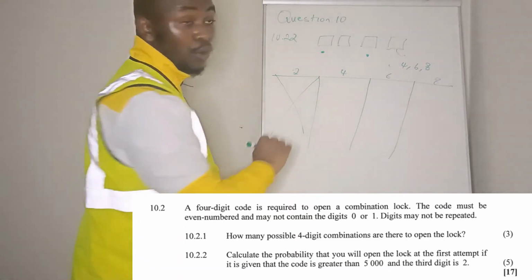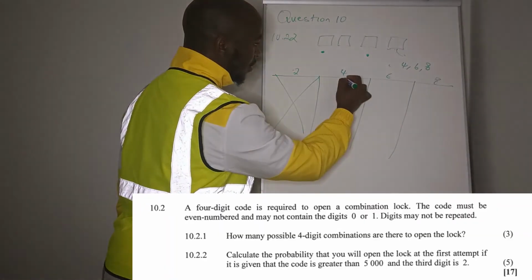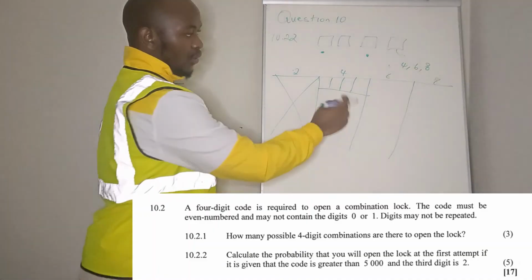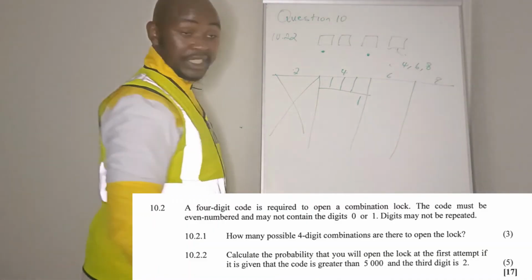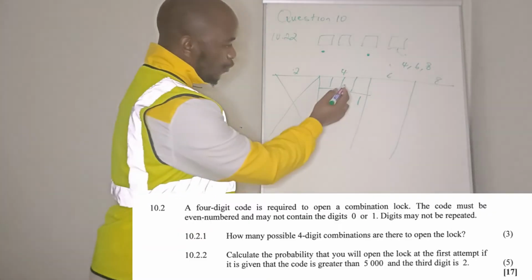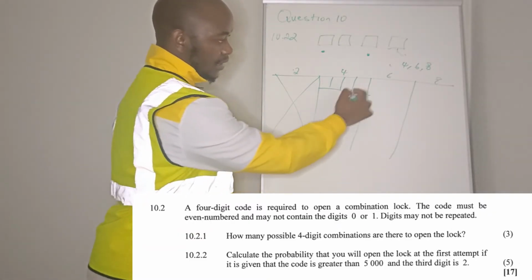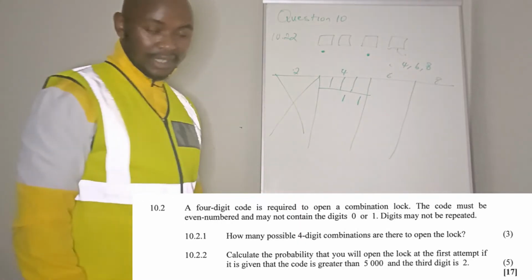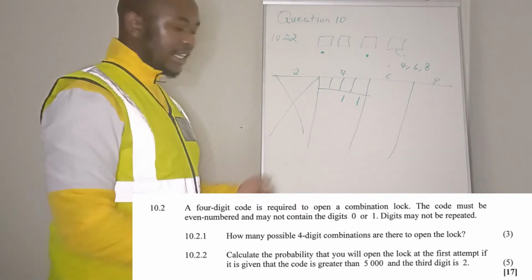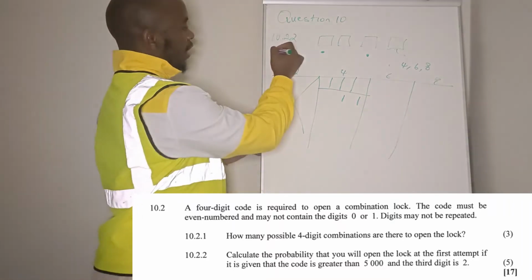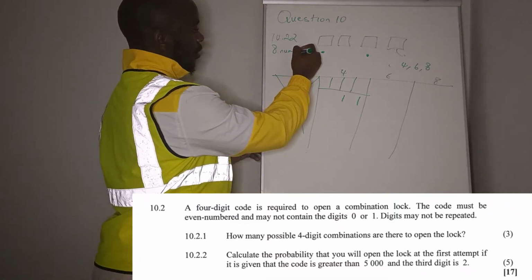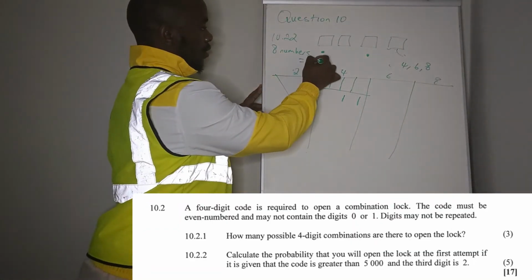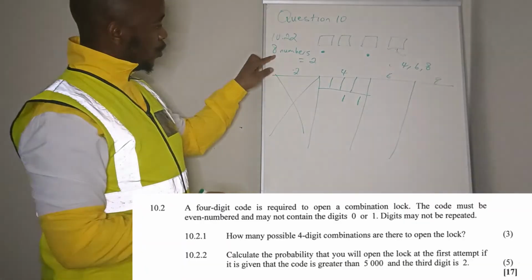So if we go for 4, we're going to divide the number into 4 blocks, like we remember. If we choose 4, we already have one combination there, and here we're forced to have a 2, so we already have one option in there. From the 8 numbers, we've already taken 2 numbers, so now we're left with 6 numbers.